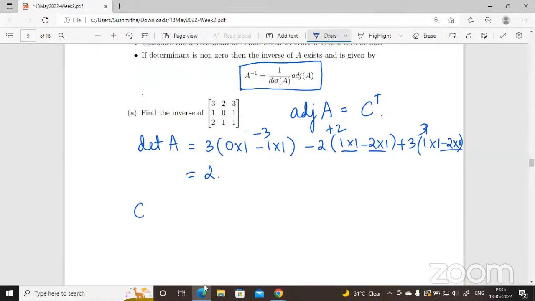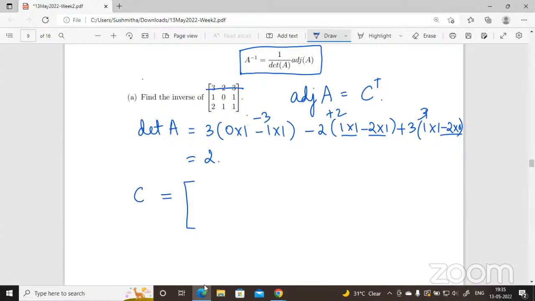Now the cofactor matrix. Minus 1, minus 1, minus 1. Plus minus 1, and then another minus, so plus 1. 1, 1, 1. Minus 2 minus 1, 2 minus 3, then plus 1. Then again minus, so plus 2 minus 3.